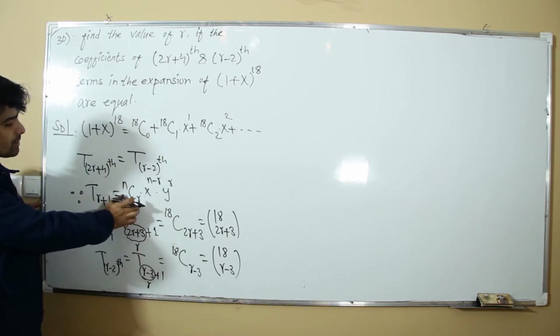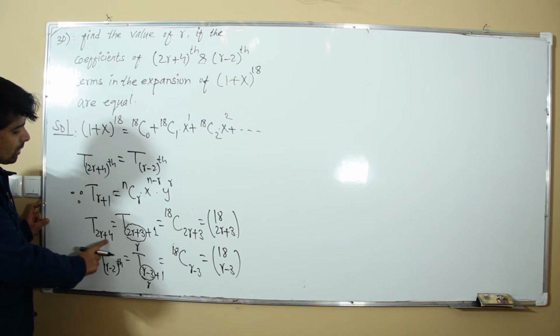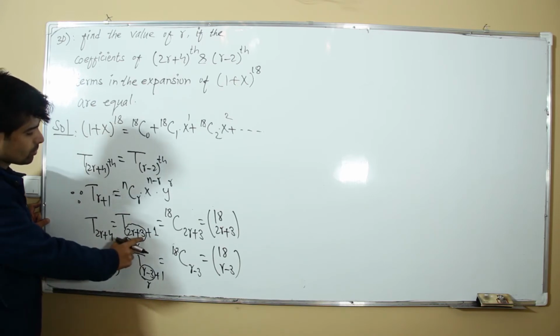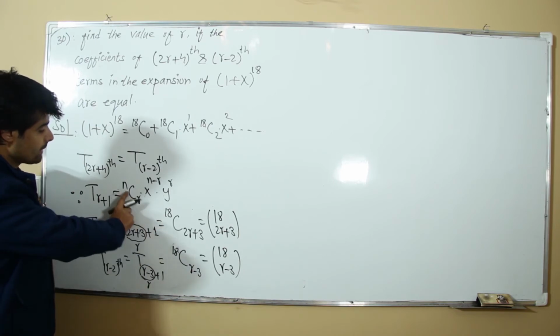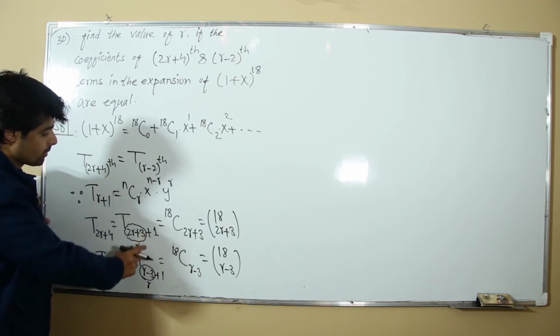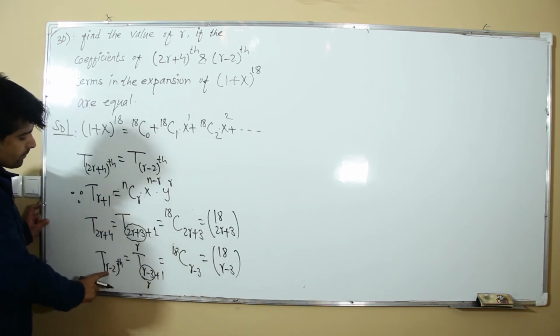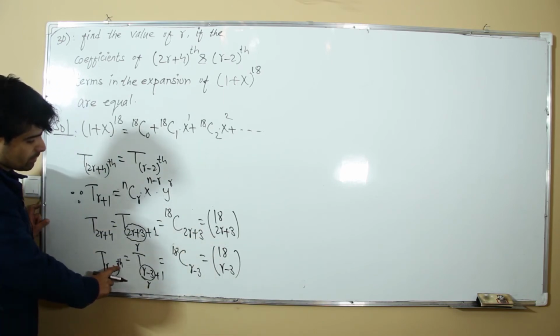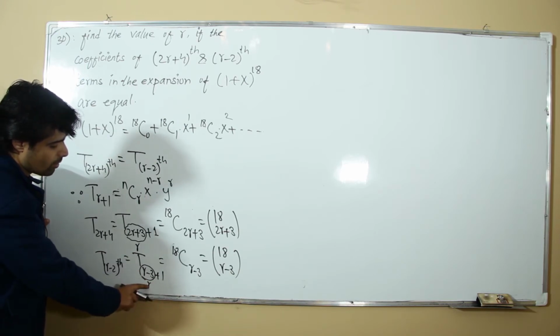The coefficient is nCr. But the formula should be r plus 1. So 2r plus 4, we can write 2r plus 3 plus 1. This is r plus 1. So n is 18, c, r instead 2r plus 3. In here the t r minus 2 term, we can write t r minus 3 plus 1. Why? This is r plus 1.